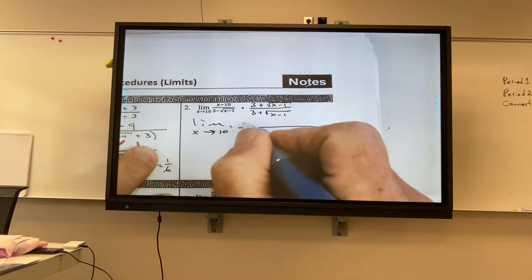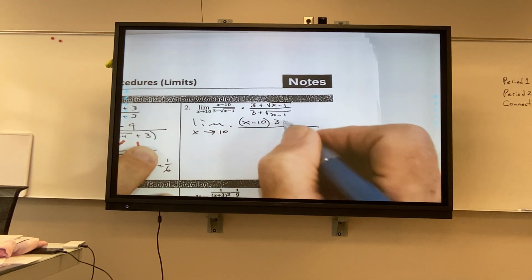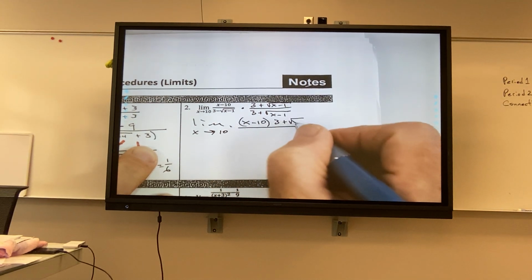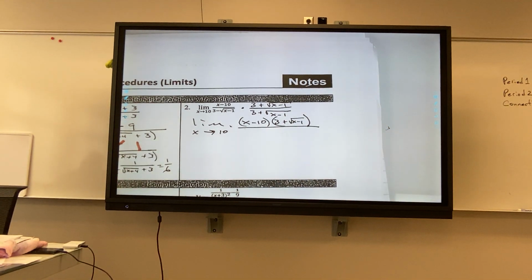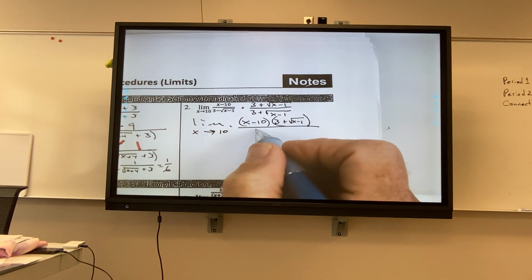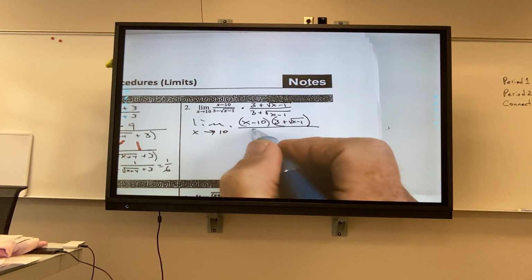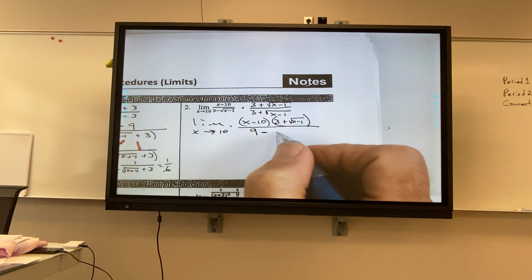Up here, I'm going to do the top because it's more work. Parentheses. What do I get here on the bottom? You get 9 minus the square root of x minus 1.